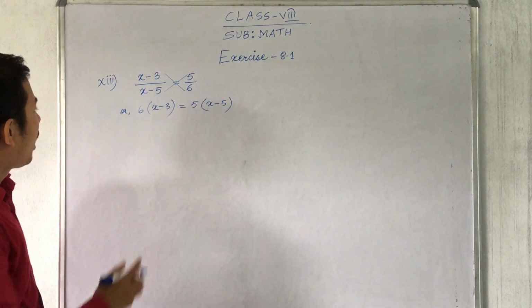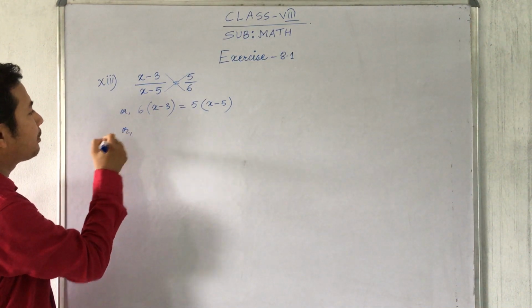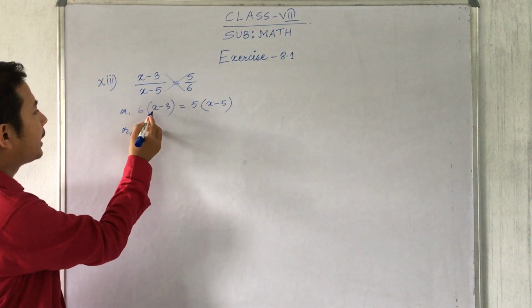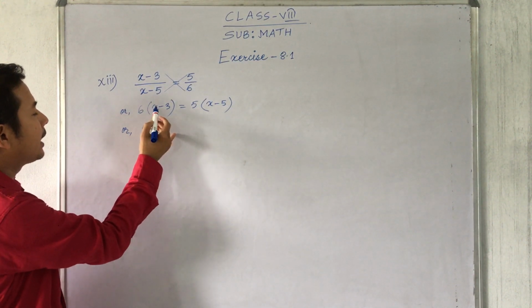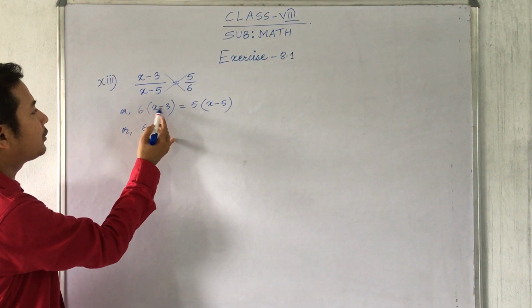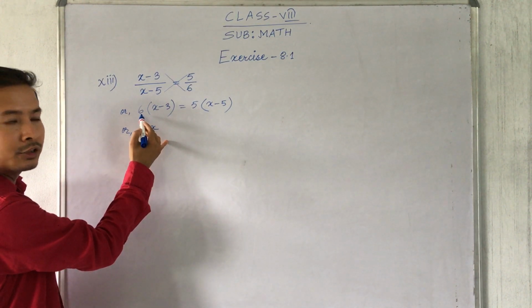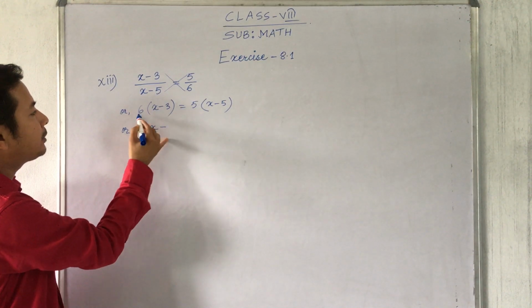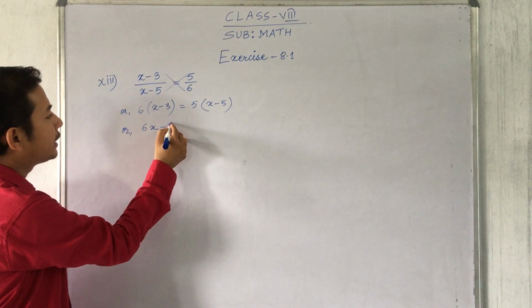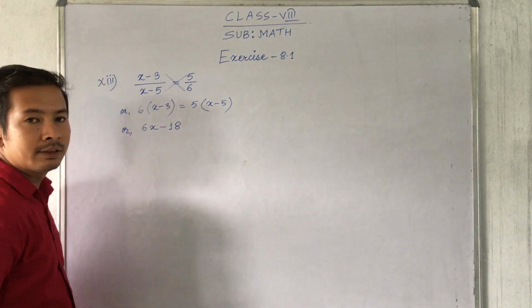Now in the second step we have to multiply directly. If you multiply x by 6, it will be 6x, and then again we need to multiply negative 3 also by 6. Understood? There is minus, so minus 3 times 6 is 18, right?